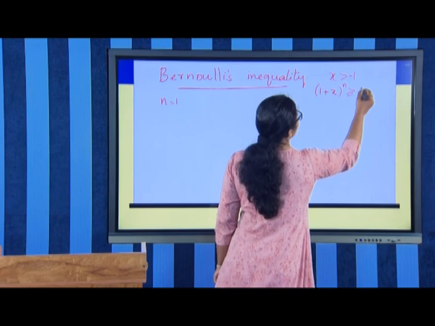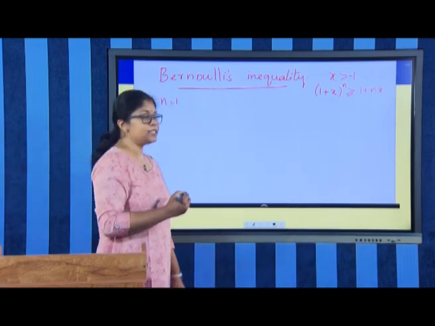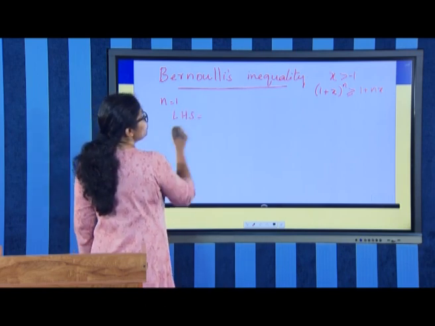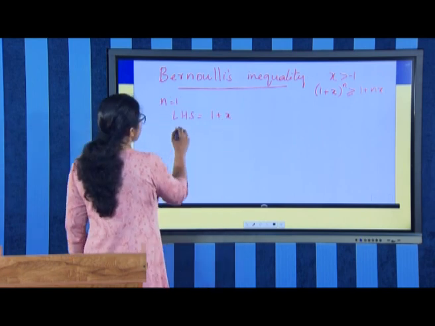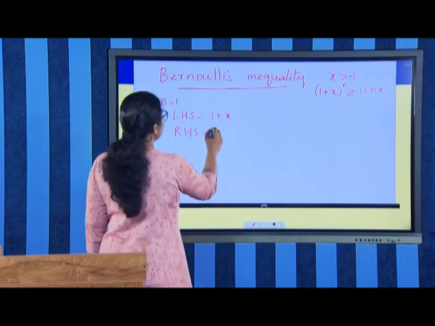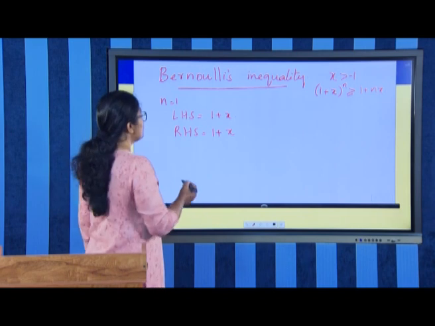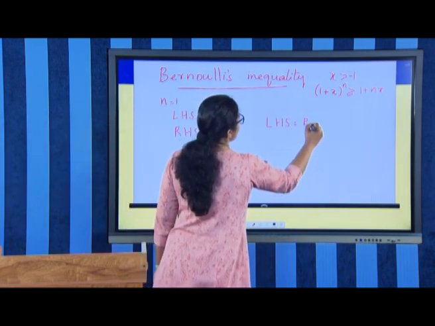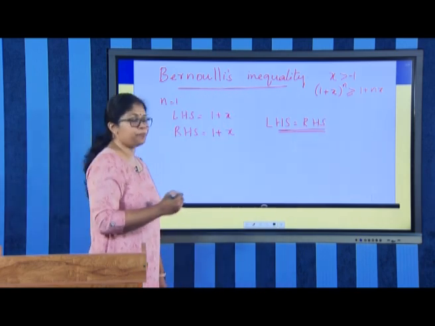First case when n is equal to 1, LHS is equal to 1 plus x, whereas RHS is equal to 1 plus 1 into x, which is again 1 plus x. So, we have LHS is equal to RHS. So, the case is true for n equal to 1.